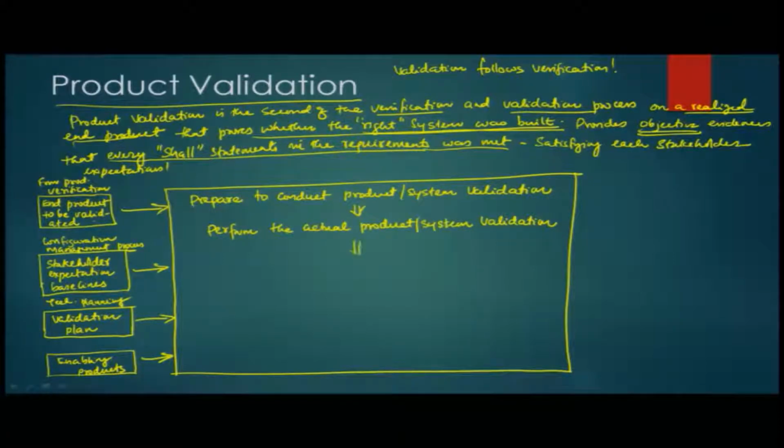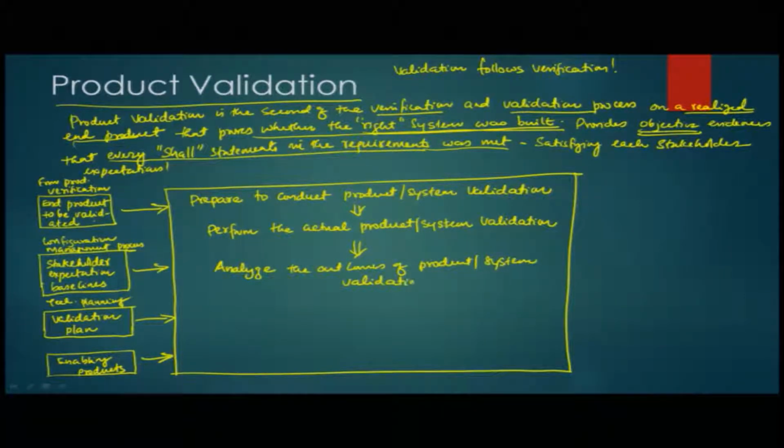Once this is done, then you do the third one. What do you do? You analyze. You analyze what? Analyze the outcomes of product system validation. Once you are done with the analysis, what do you do? You prepare a report.